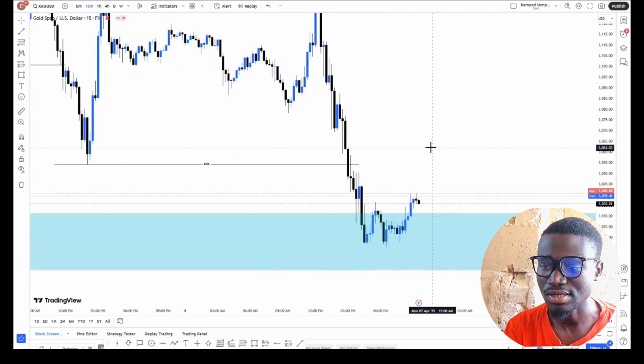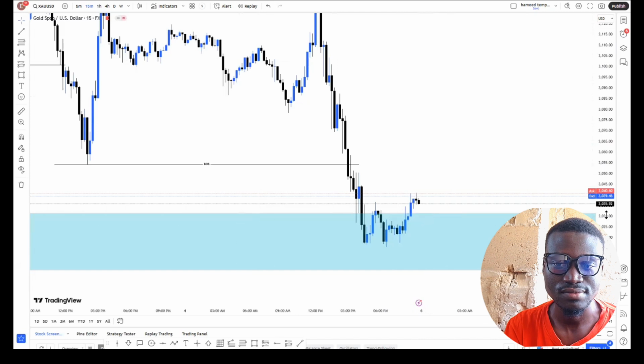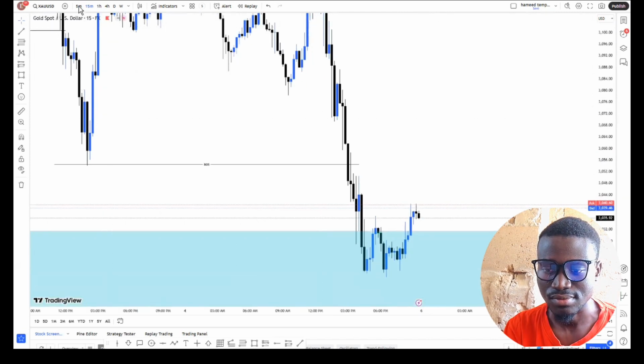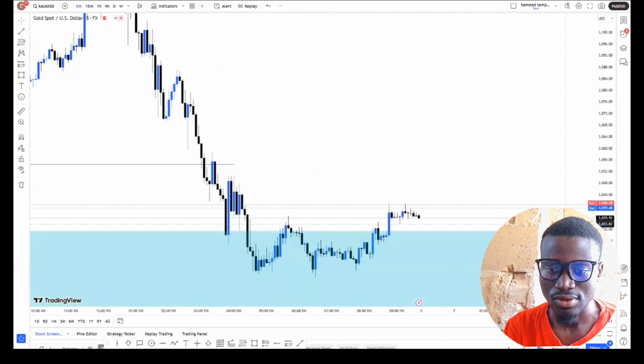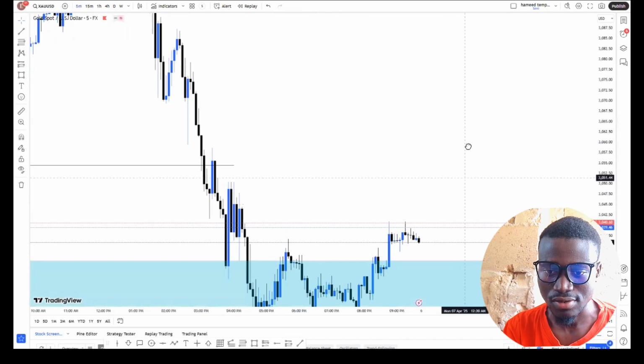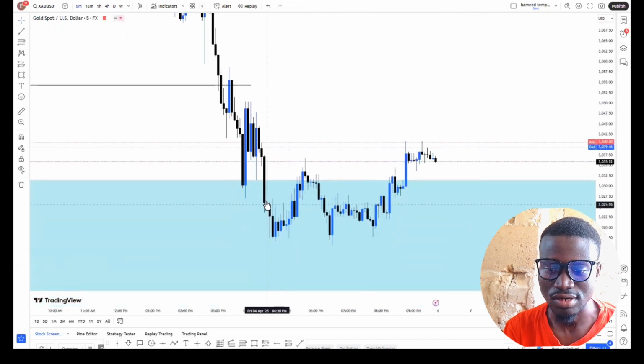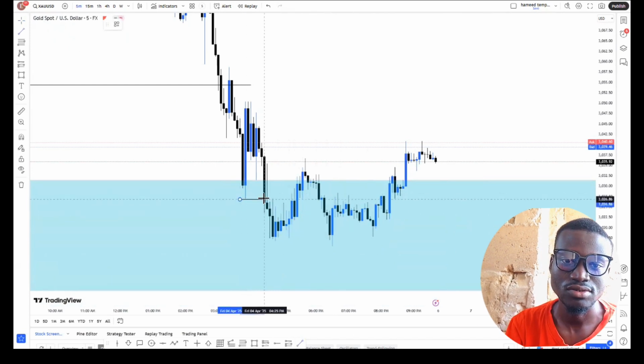Now let's see, maybe we can see anything to back our entry on 5 minutes. Okay, exactly on 5 minutes, this is the last break of structure that we have. We have this last break of structure here.